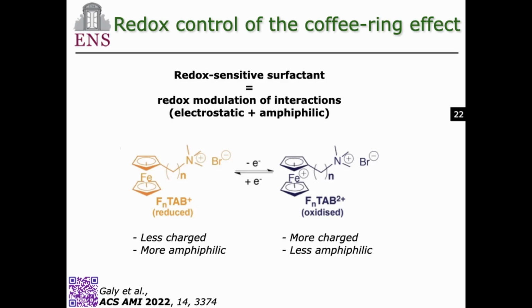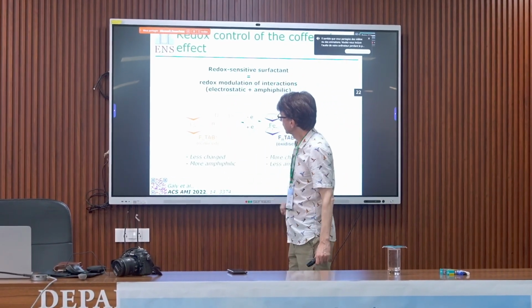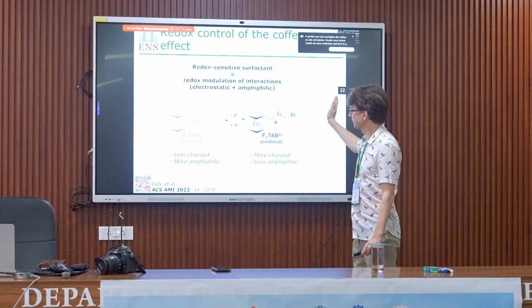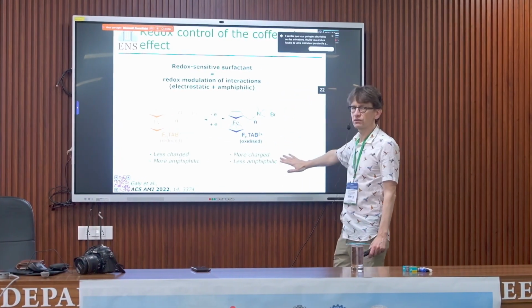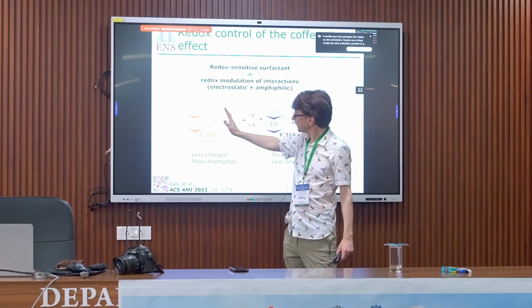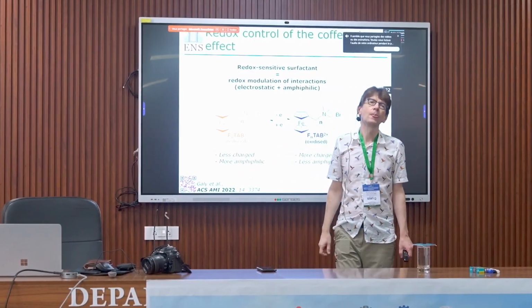We started, for example, with a redox-sensitive surfactant, a ferrocene surfactant. You have the head, you have the tail, and when you oxidize this molecule, it becomes more charged, so less hydrophobic. And if you reduce the molecule, it becomes less charged, so more amphiphilic, more hydrophobic. Okay?